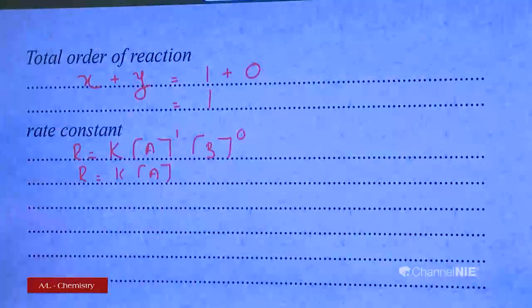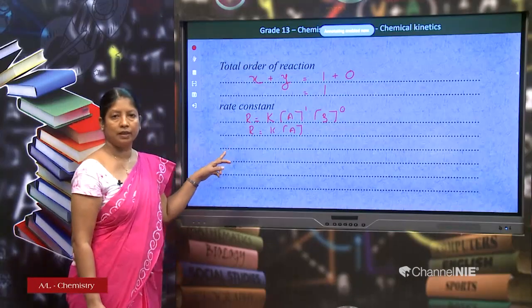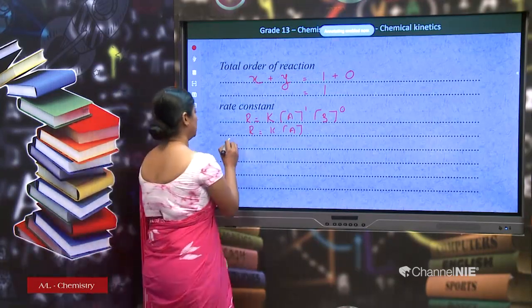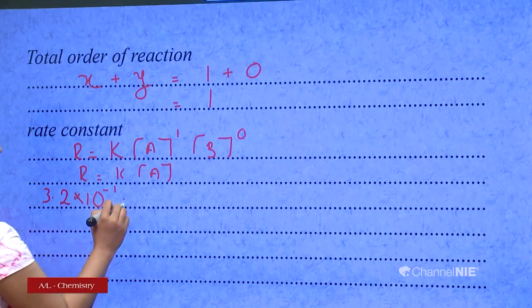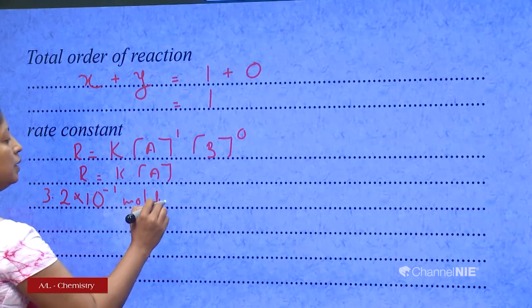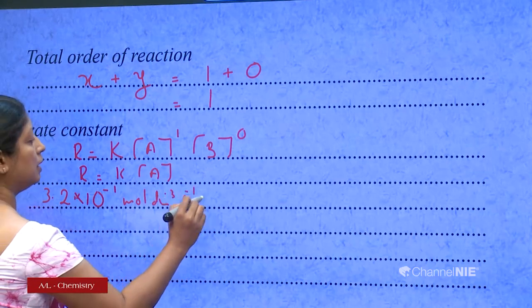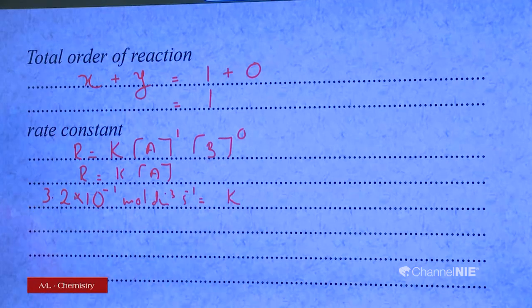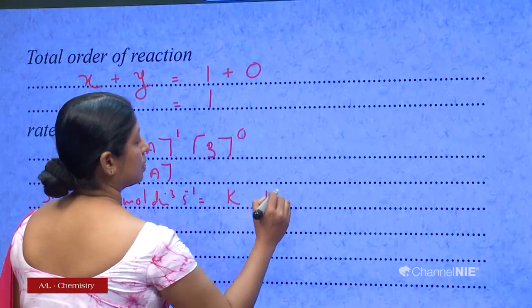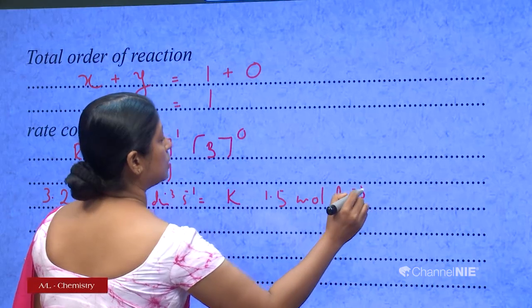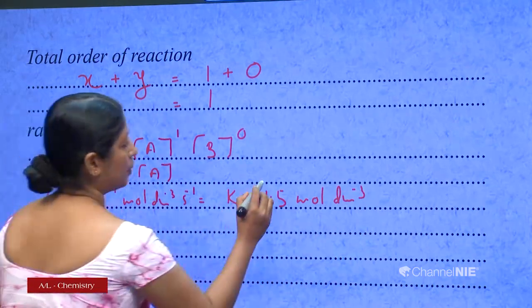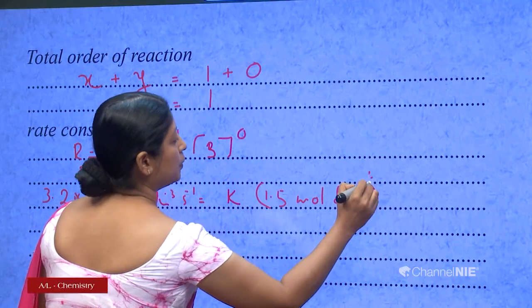So, according to the first experiment, reaction rate is given as 3.2 × 10^-1 mol dm^-3 s^-1 equals K, our rate constant which we are going to find out, and at that time concentration of A is given as 1.5 mol dm^-3.